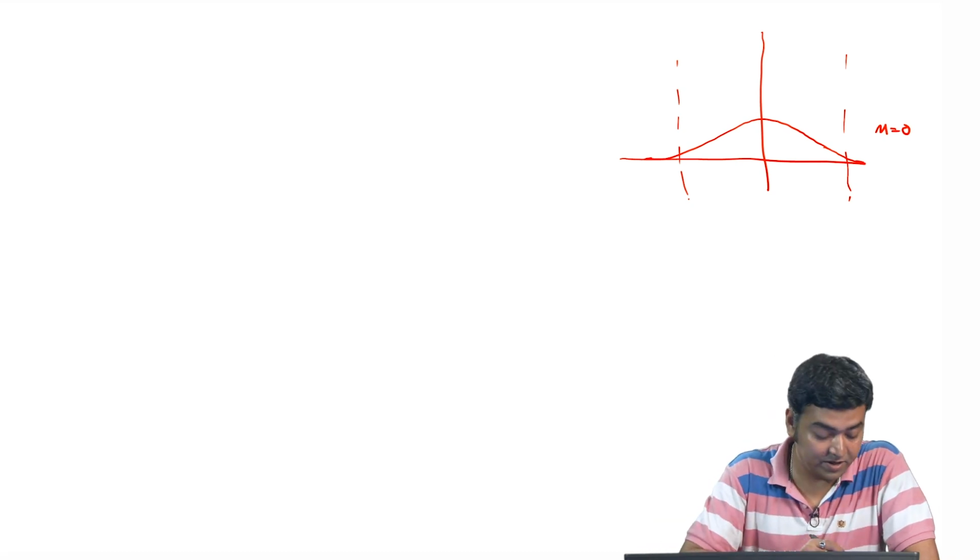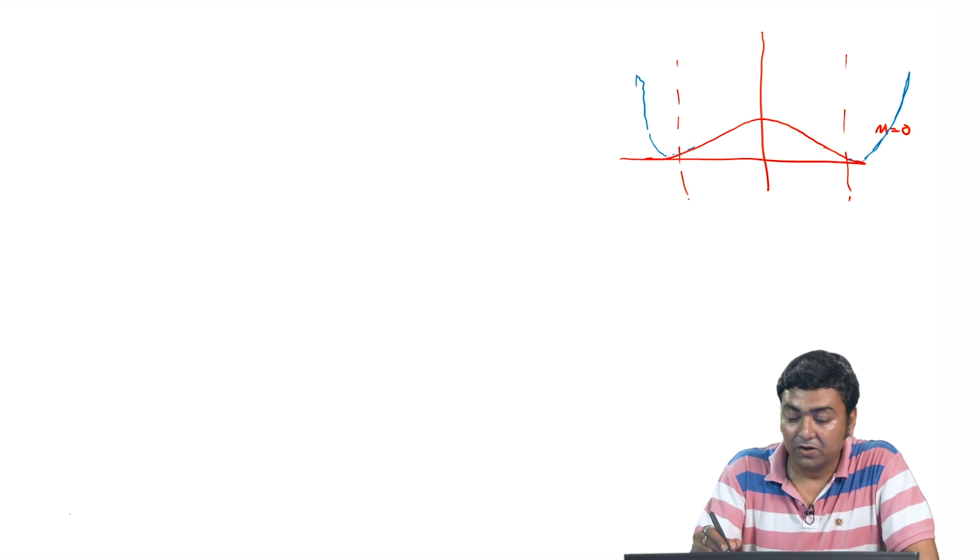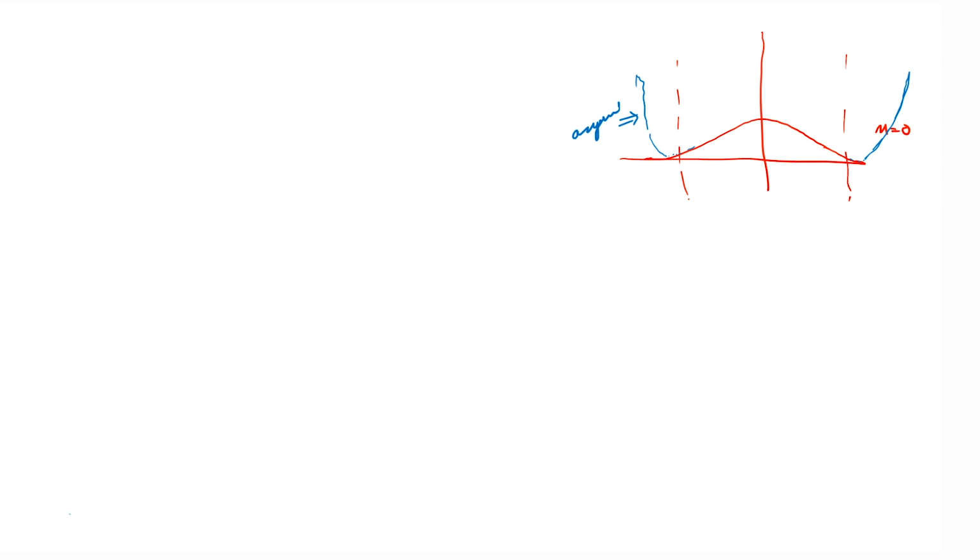But what the code actually gave you is fine in this part, but after a certain point it starts blowing up, both on this side and this side. So, in other words, my asymptotic behavior is not correct.